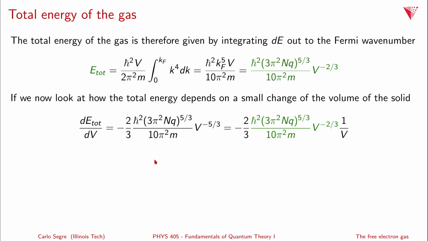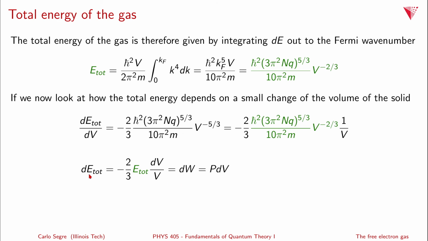We note, though, that if we rearrange this by taking the V to the minus 5/3 in two pieces, one is V to the minus 2/3 and then 1 over V, which is V to the minus 1, everything in green here is exactly the total energy, E total. And so we can replace this quantity with E total. Multiplying by dV, we get dE total is equal to minus 2/3 times the total energy of the electron gas times dV over V.